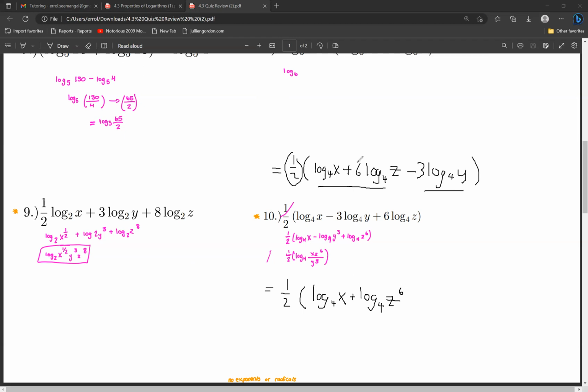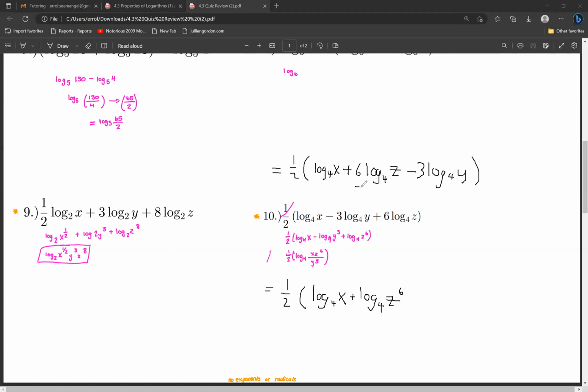I'm moving the 6 from where it was in the front up here. I'm just applying my, was it quotient property? No, power property, my bad. Power property. Okay, so now let's keep going. Are you with me?